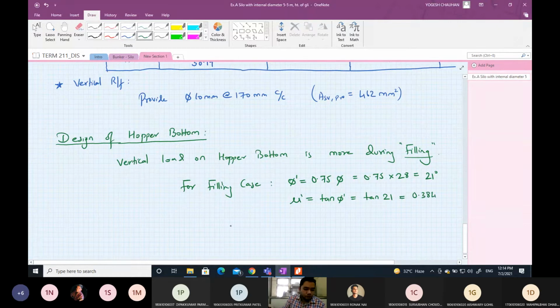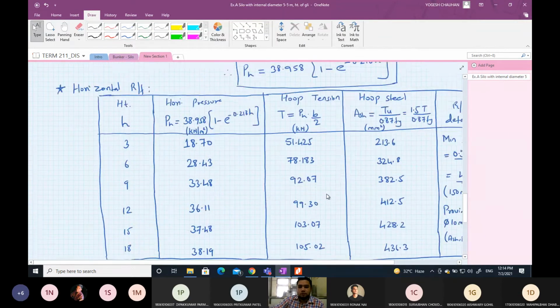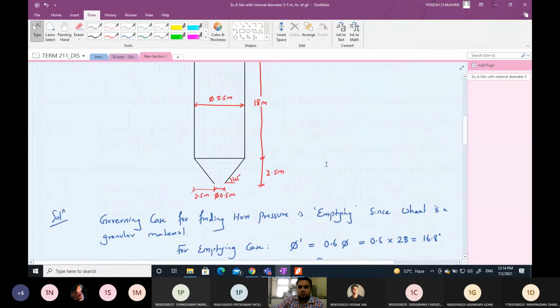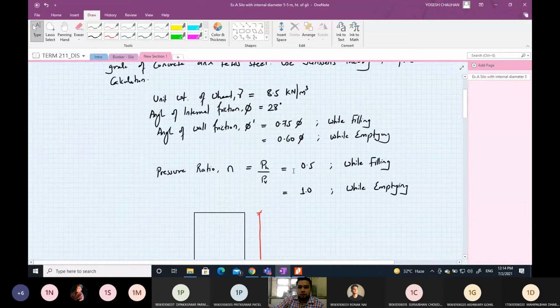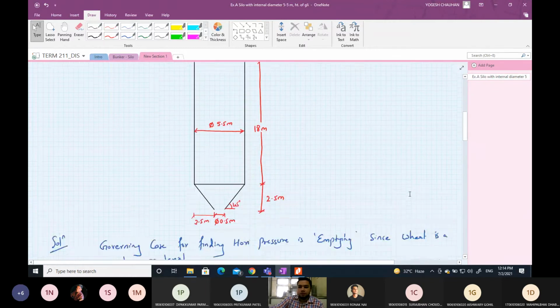And for filling case, the value of n, the pressure ratio for filling case, is 0.5.